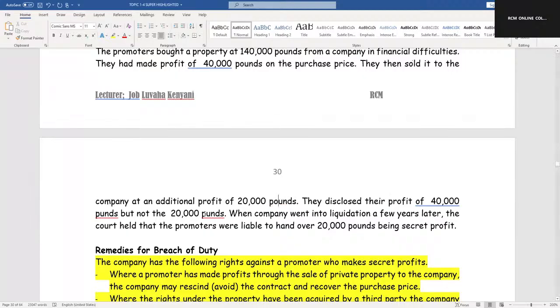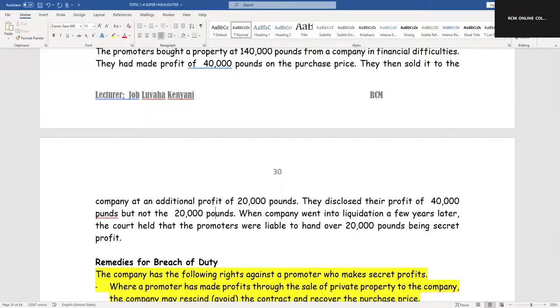So they failed on their duty of acting with utmost good faith, because they made a profit on the sale of the asset to the company during promotion, but they never revealed it. Overall, this safeguards the company and ensures that, at all times, the promoters act with utmost good faith, or in the best interest of the company, with contracts entered into for the benefit of the company.